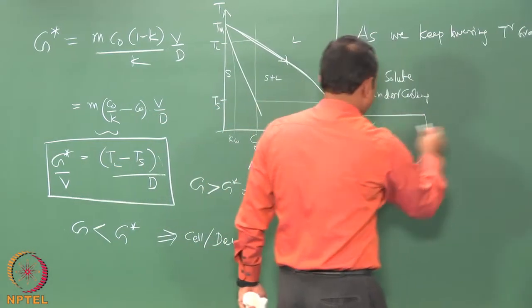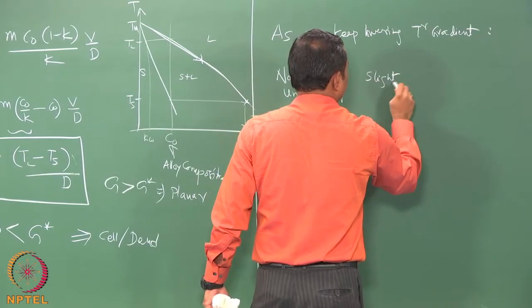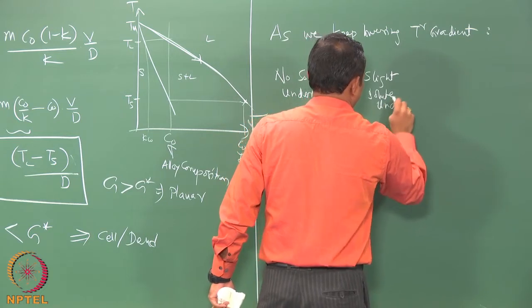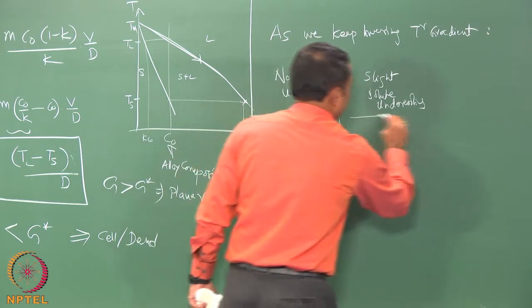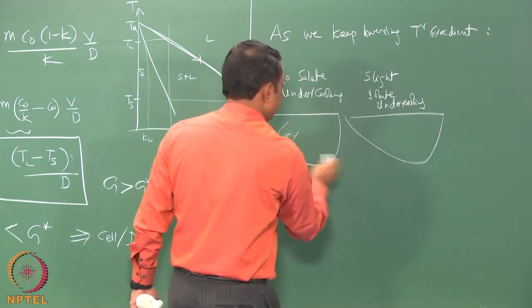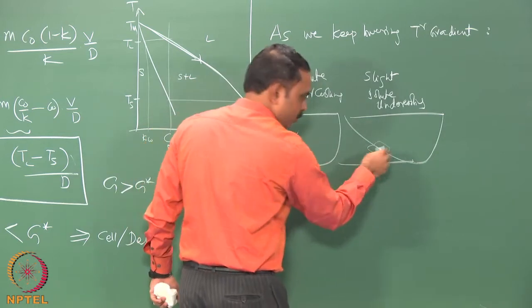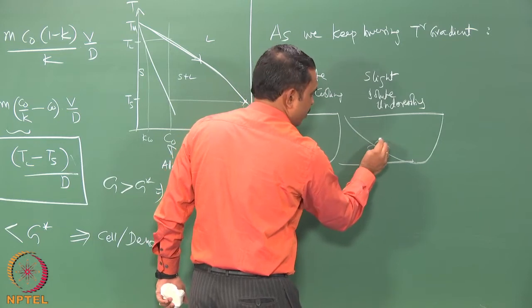Now, when you go further, when you have a slight amount of solute undercooling, the same microstructure would look slightly different. The front would break down and form what are called cells, and these cells then keep growing.